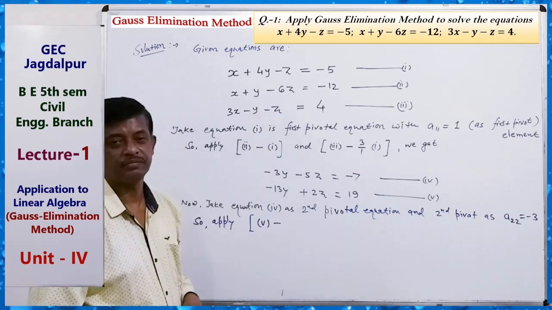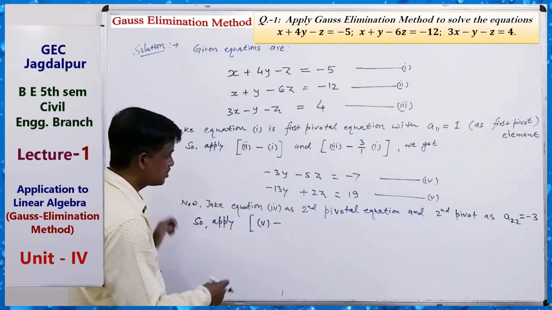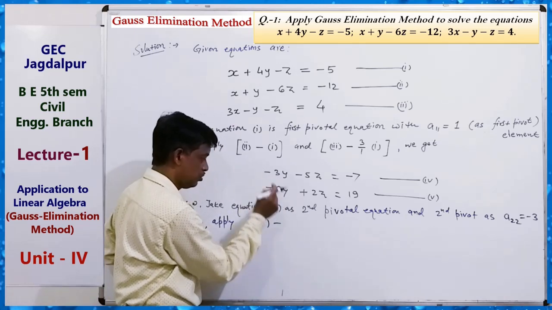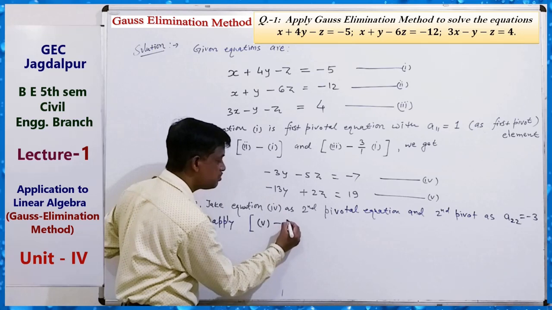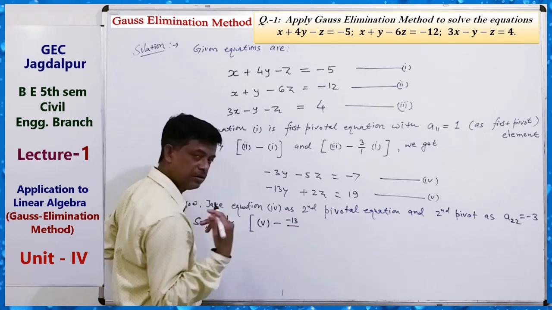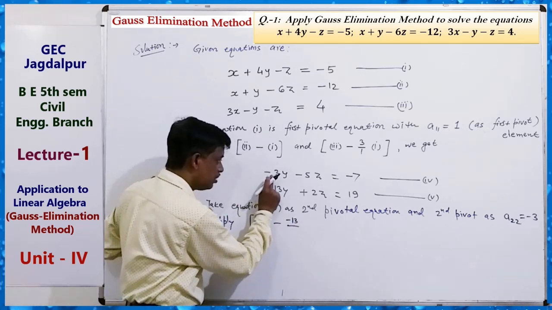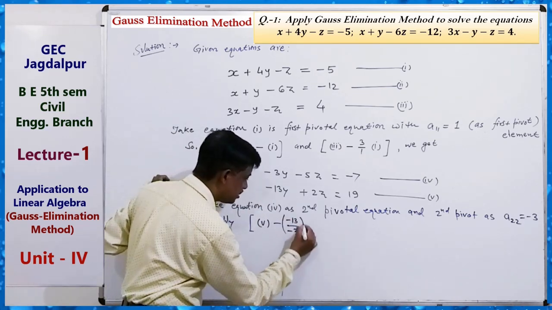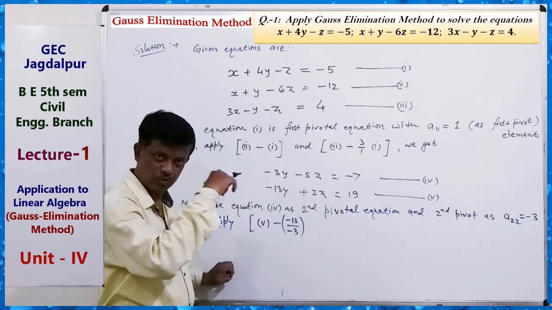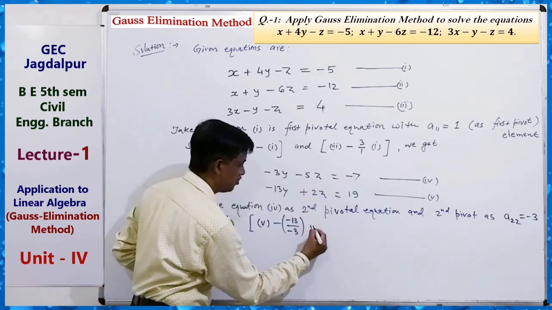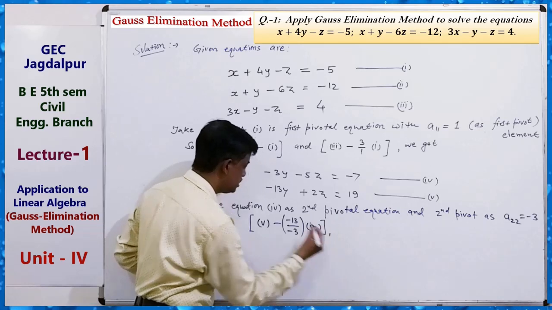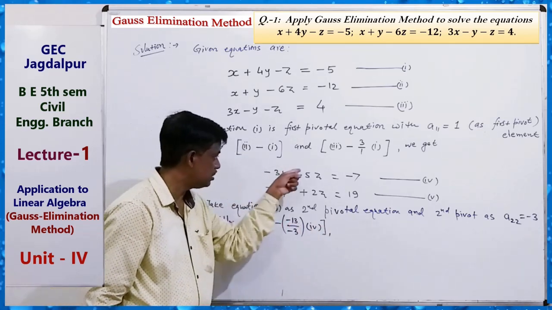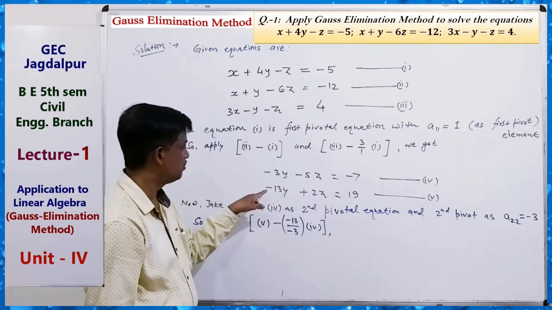This is the formula, no? So here a32 means minus 13 upon a22, that is minus 3, into equation 4. This is our application. Just multiply this to this equation and subtract from it.